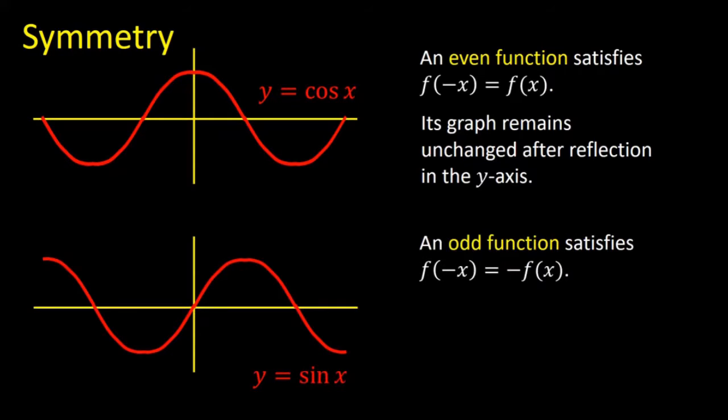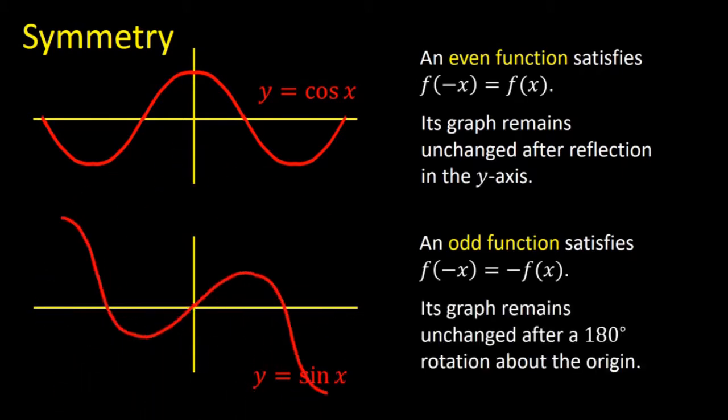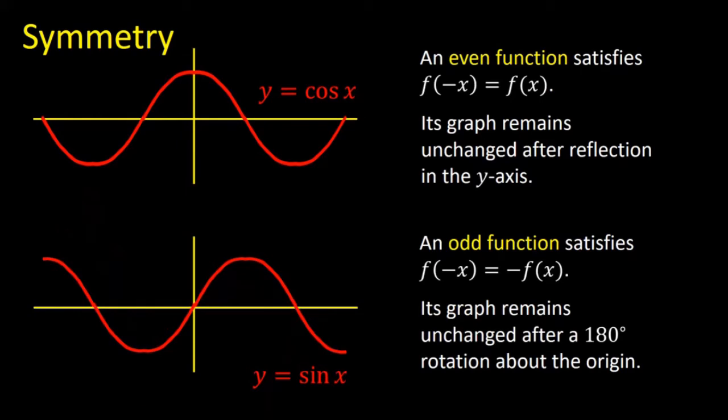Let's look at an odd function. That's a function that satisfies f of minus x is minus f of x. So the minus just comes out. An example of that is the sine function. You can tell graphically that it's odd by the fact that if you turn the graph 180 degrees around the origin, you get the same graph back.